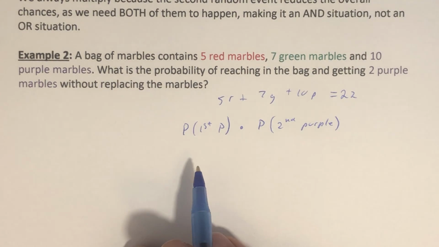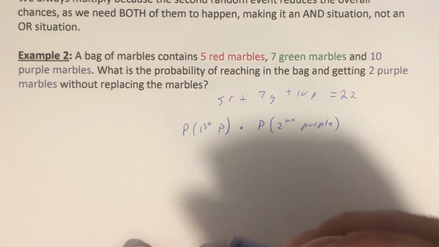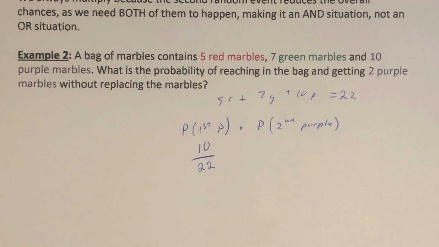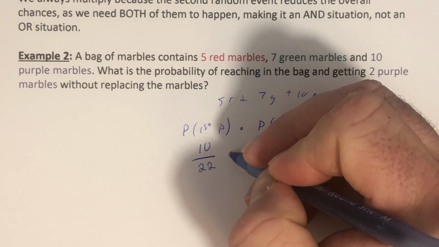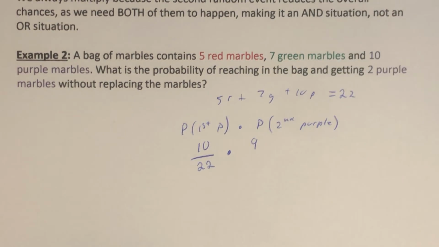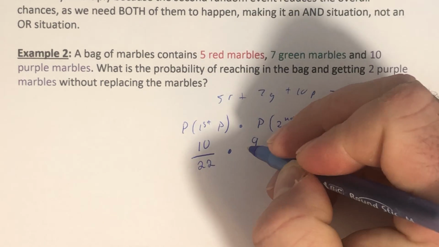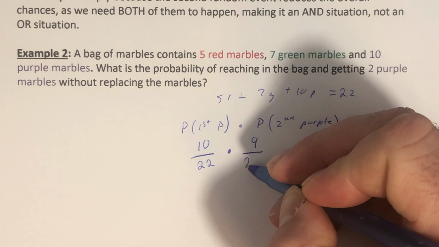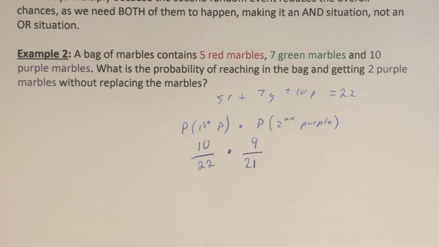The probability the first one is purple: there are 10 purple marbles in the bag out of a total of 22 marbles. What's the probability the second one is purple? If the first one was purple, there's now only going to be 9 purple marbles, not 10. And instead of there being 22 marbles in the bag, there are now only 21.